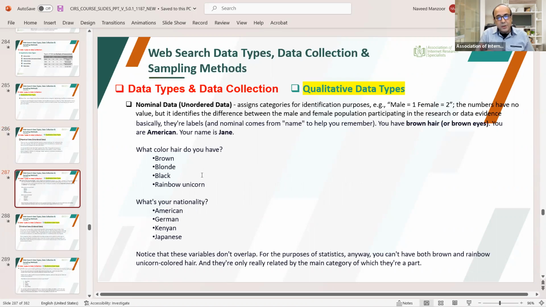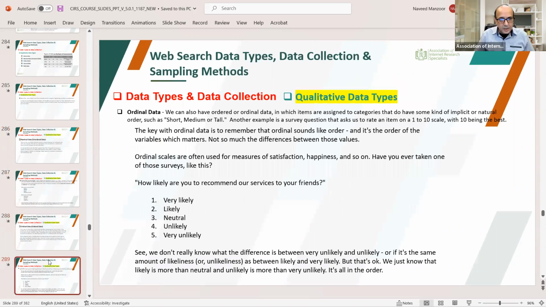Again, it's not sufficient, but it has the ability to have some sort of, some way. No, I'm sorry, this is nominal. I apologize. Ordinal data. In this one, for example, where you might be able to use analytics, very likely would be given a number one.